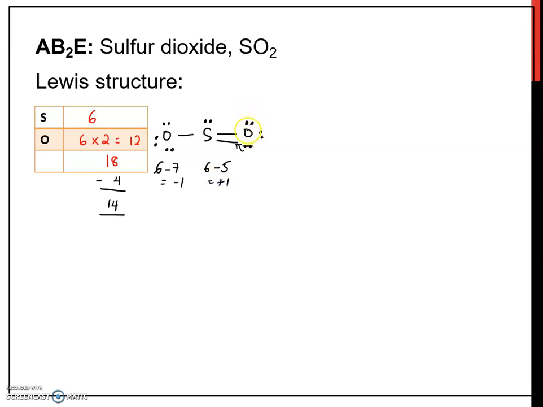For this oxygen 6 minus 1, 2, 3, 4, 5, 6. So you want to find the best Lewis structure. Since sulfur can have an expanded octet, more than 8 for the octet, we can form another double bond here.